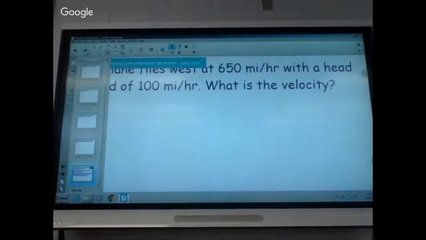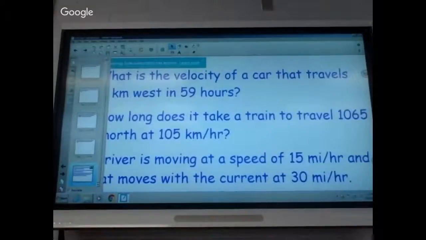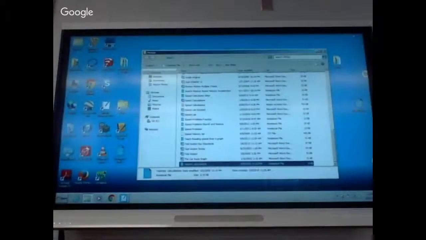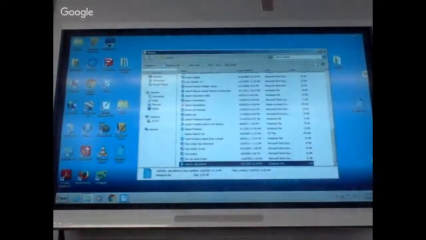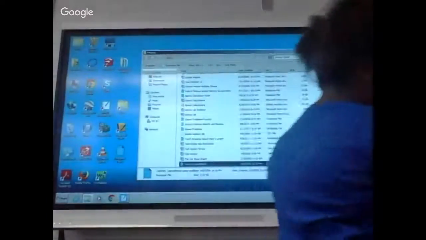Divided by 56.25. 56.25. Yeah. So then county was 55.